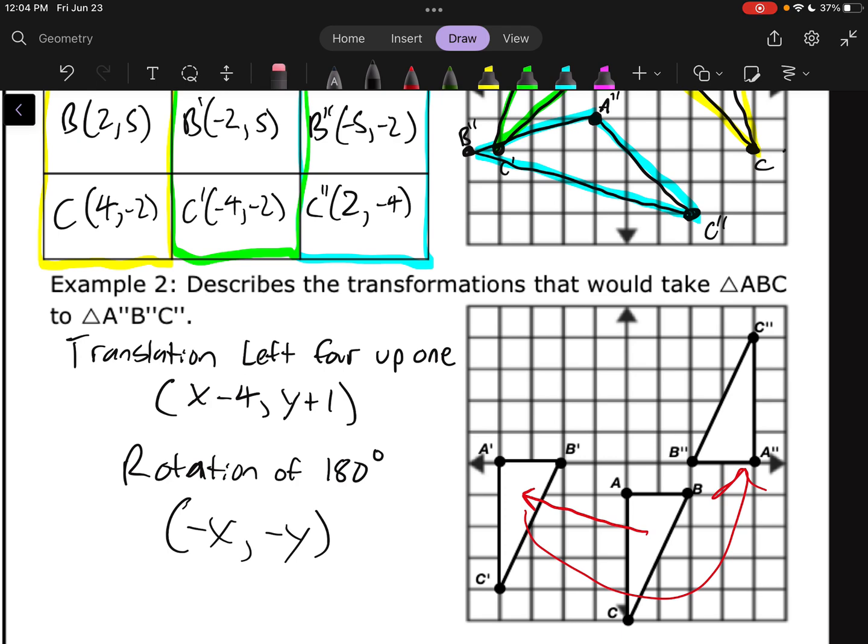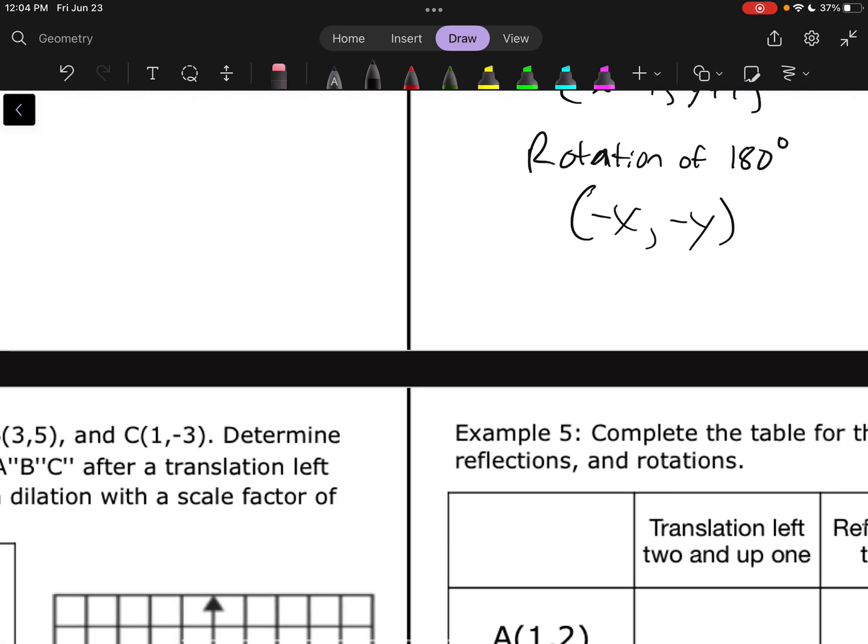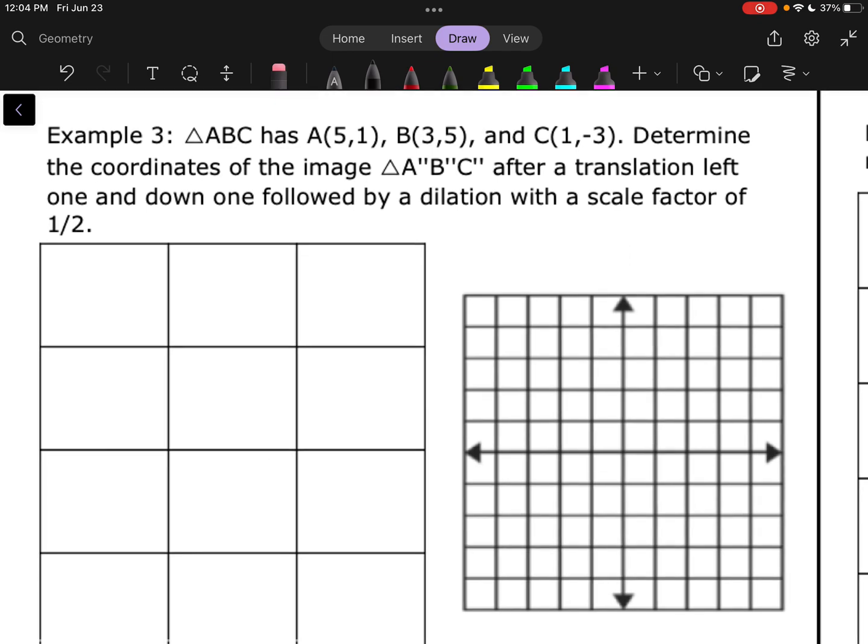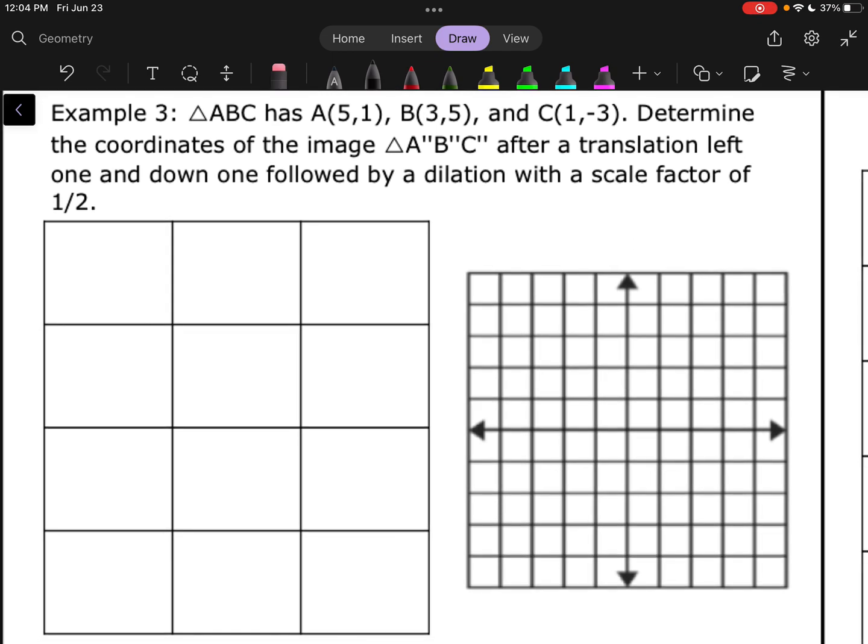Okay. Let's go to the inside. This one says, determine the coordinates of the image after translation left 1 and down 1, followed by dilation with a scale factor of 1/2. Okay, so let's start with triangle ABC.